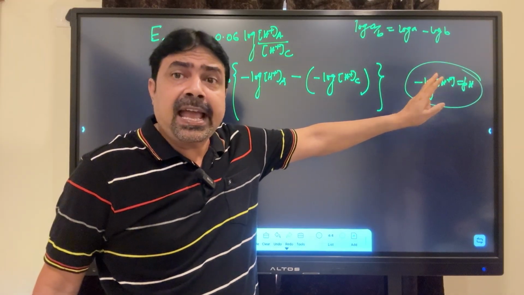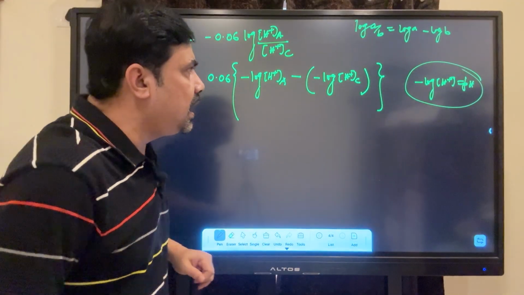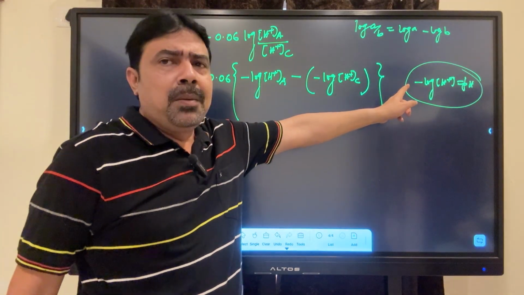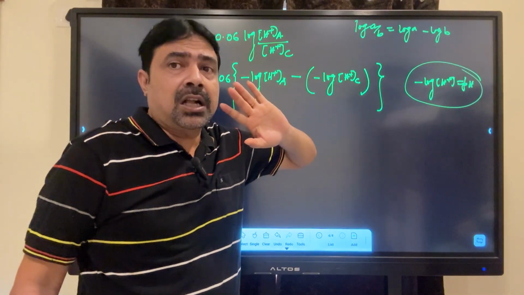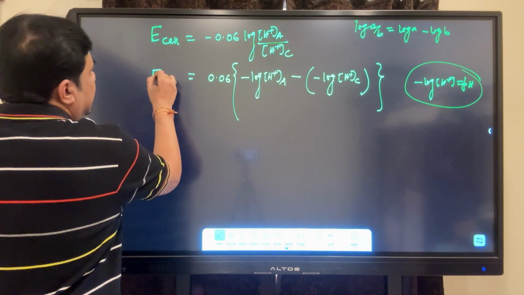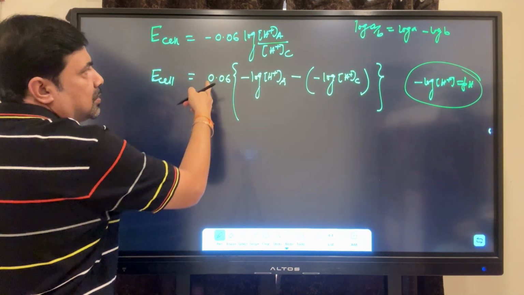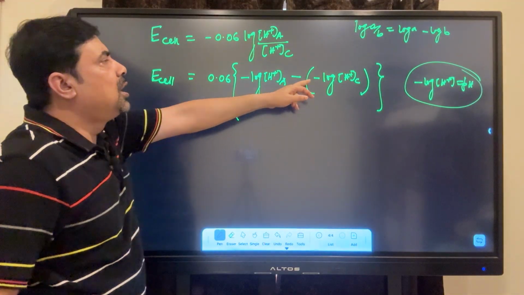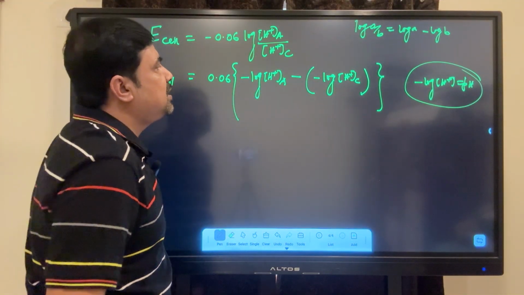This should be clear for dilute solution. Otherwise, I have to take the activity of H plus. So that is the idea. Whenever concentration is less than 1 molar, then only I can write minus log of H plus concentration equals pH. Now you look at, instead of that, here we got the expression E cell equals 0.06 into minus log of H plus concentration at anode, minus log of H plus concentration at cathode.